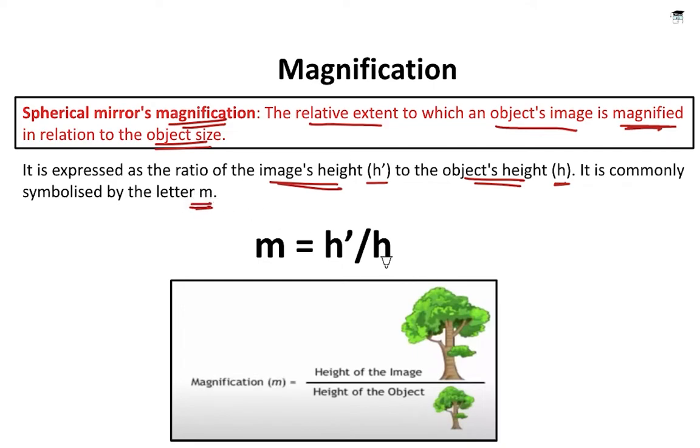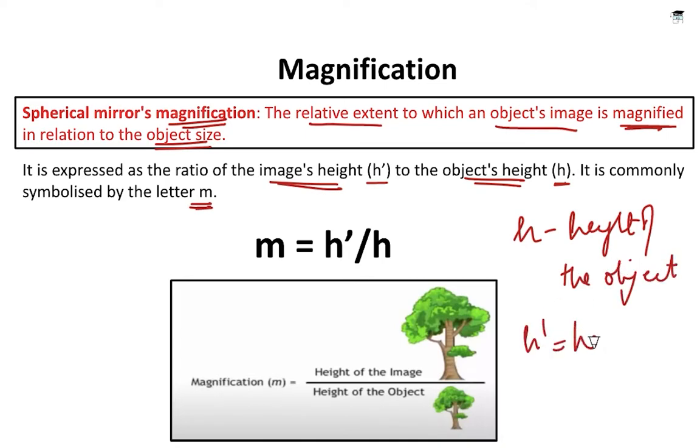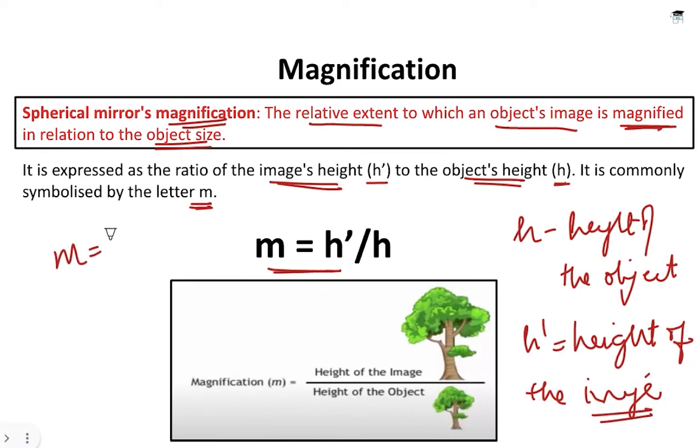So if h is the height of the object and h' is the height of the image, then magnification is given as h'/h.